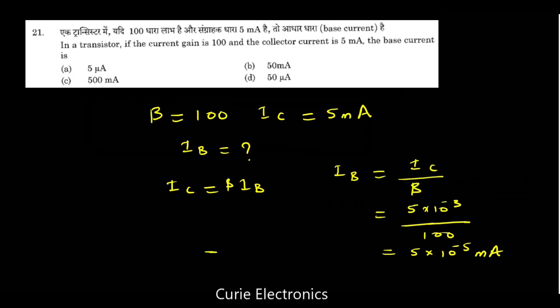If you want to multiply by, what will I do? 5 into 10 to the power minus 5. This is the answer. We can divide and multiply by 10.